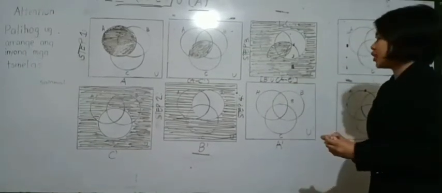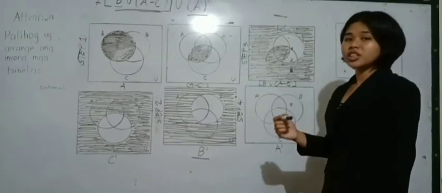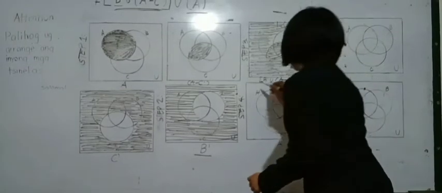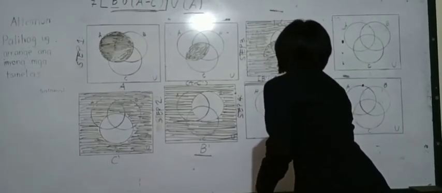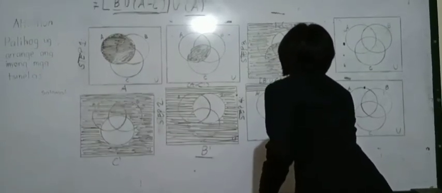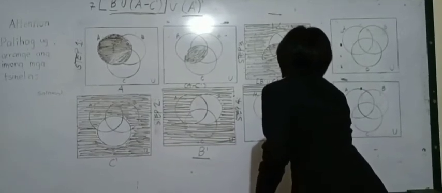So A prime is all of the elements in a given universal set that are not in A. So we are going to shade this region, all of the universal set except A.